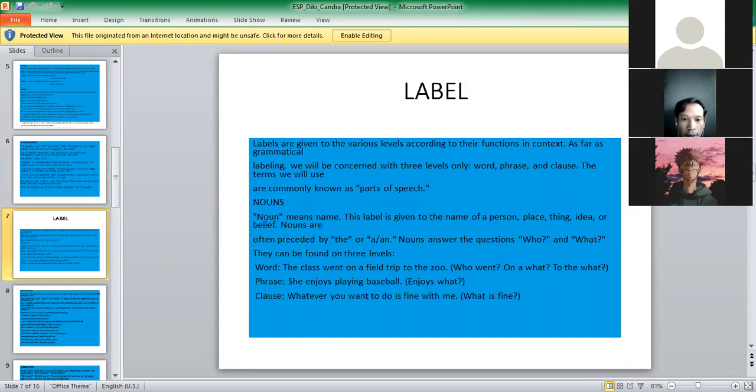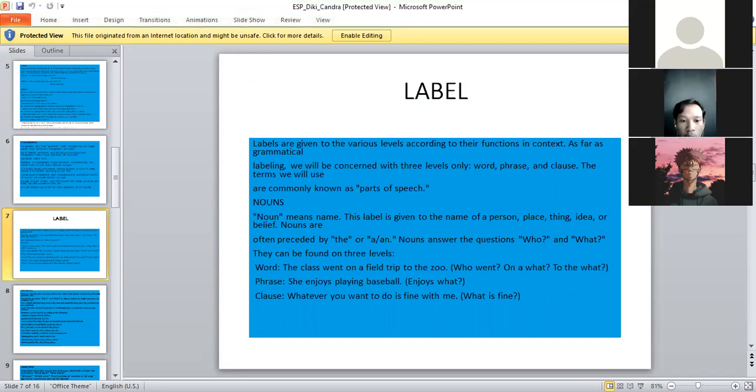And next, label. Labels are given to various levels according to their function in context. As far as grammatical labeling, we will be concerned with 3 levels only: word, phrase, and clause. The terms we will use are commonly known as parts of speech.